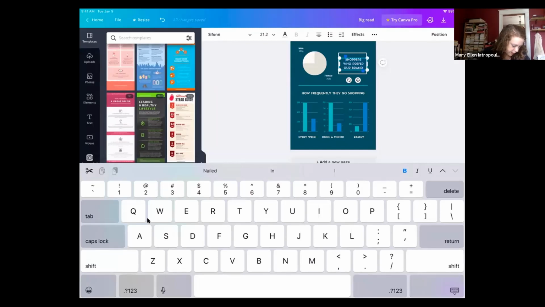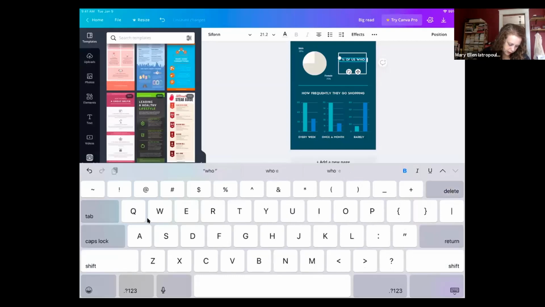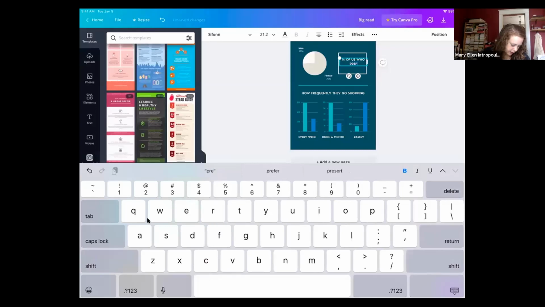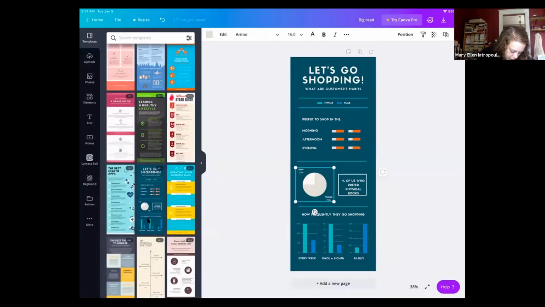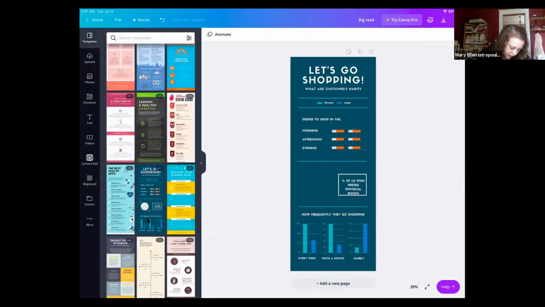So if I was a student of yours trying to convey that, I would maybe just pop in here the percentage of us who prefer. Okay, and then if you click on this pie chart, you drag it off the screen to get rid of it.